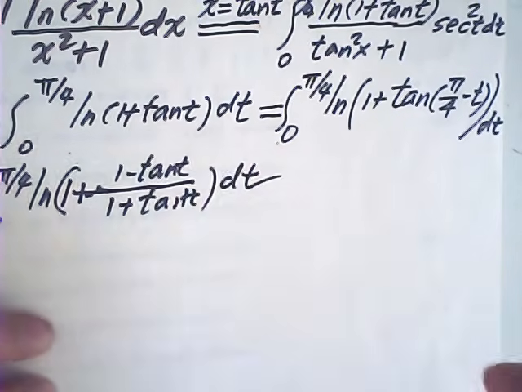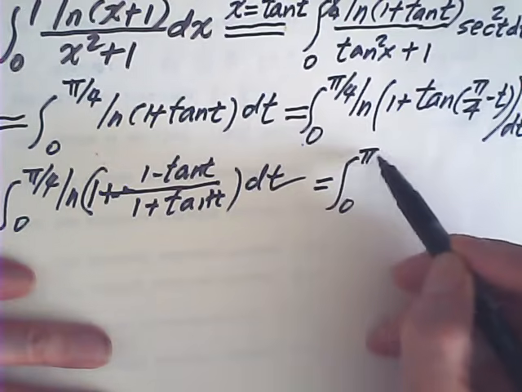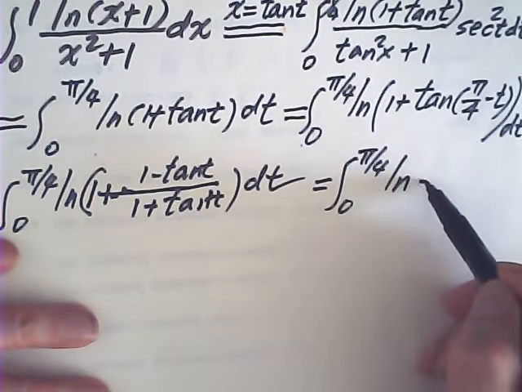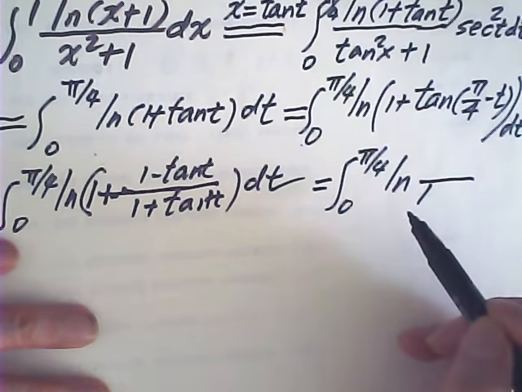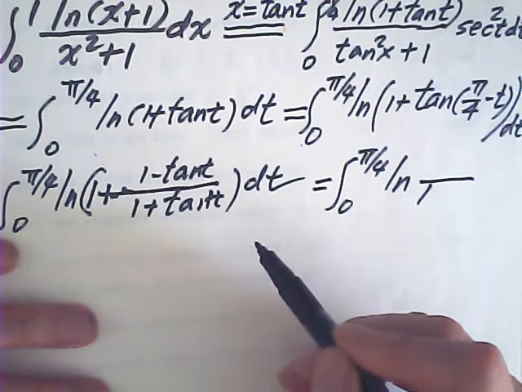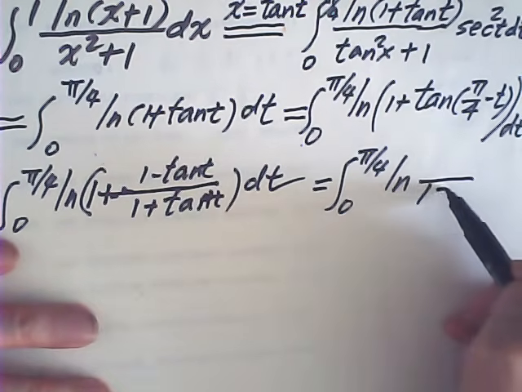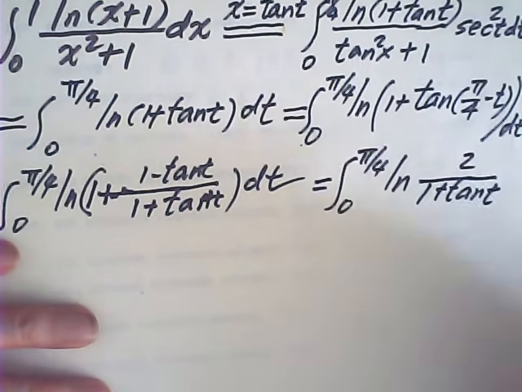So that ends up as the integral from 0 to quarter pi of natural log 1 plus tangent t, that is, 2 over 1 plus tangent t, dt.